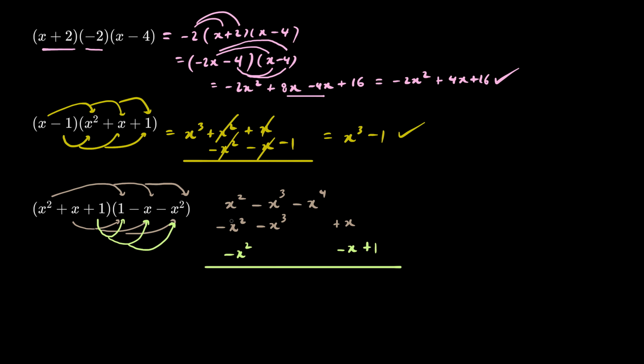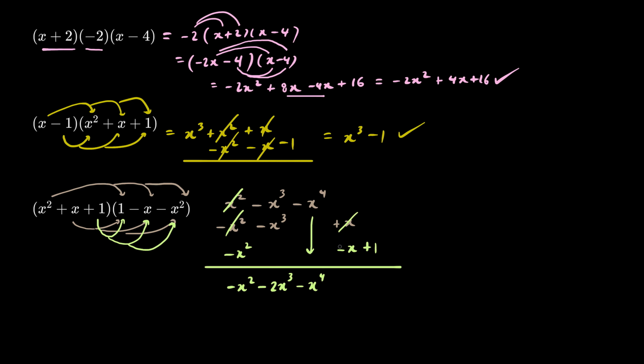So looking at this column, we see that x squared minus x squared cancels, and what's remaining is negative x squared. And when we add these two negative x cubes, we end up in more debt, negative 2x cubed. There's only one x to the 4, which is negative.